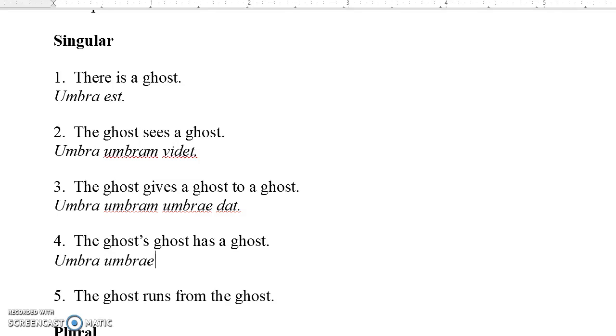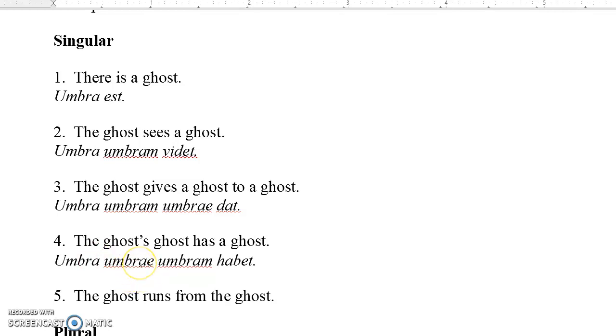So that's the ghost has a ghost, umbram, and then habet would be the verb in this case. So literally the ghost of a ghost, but we're going to use the possessive apostrophe here, but the umbrae, umbram habet. So the ghost of the ghost has a ghost, or the ghost has a ghost.